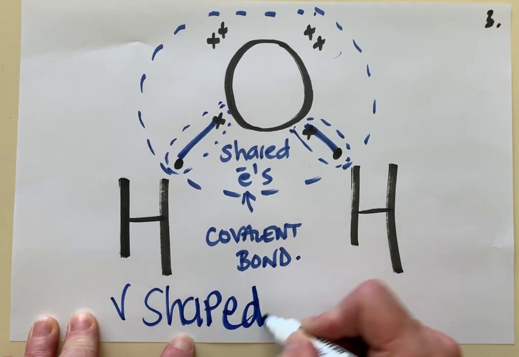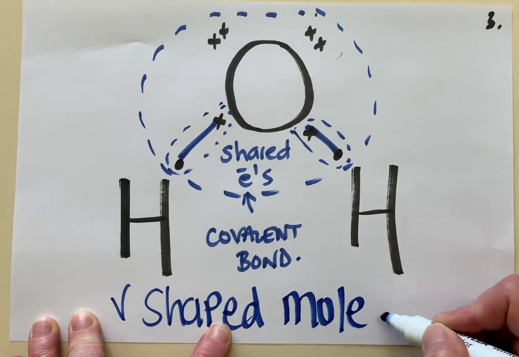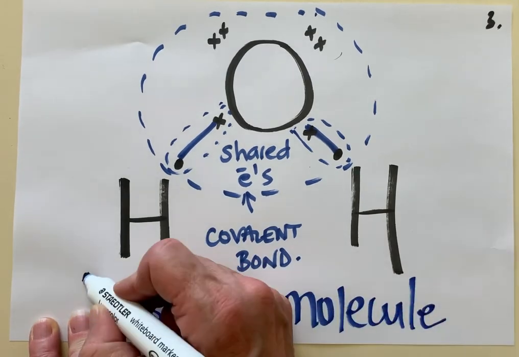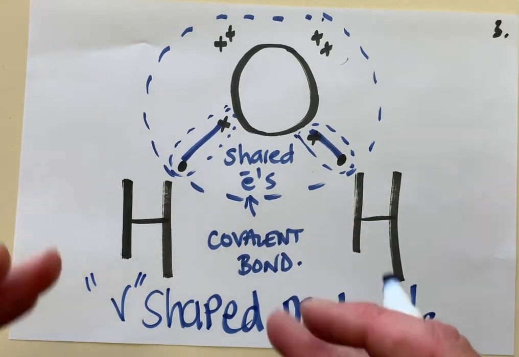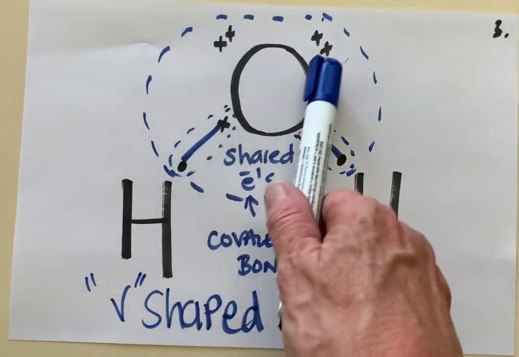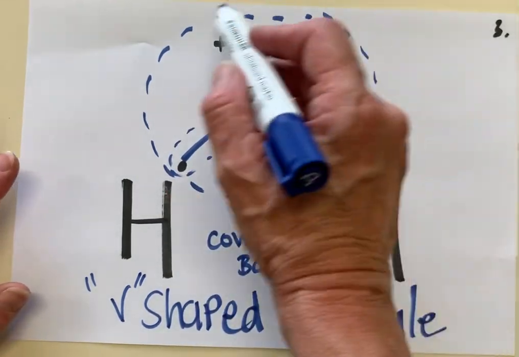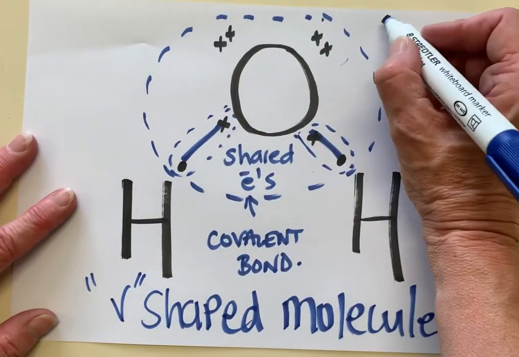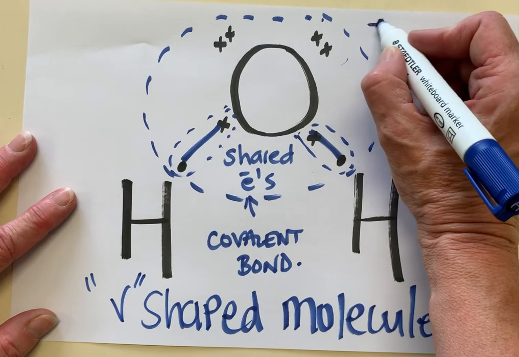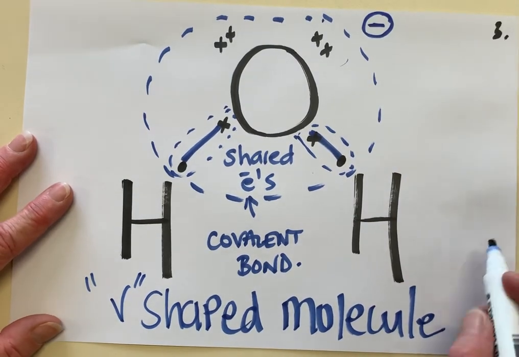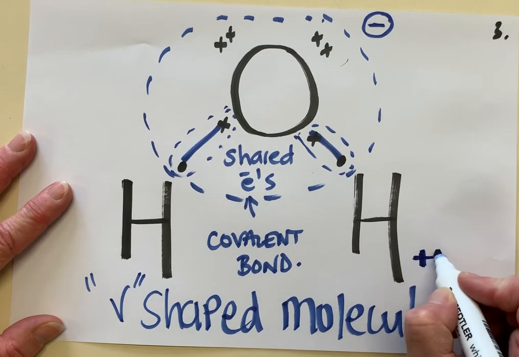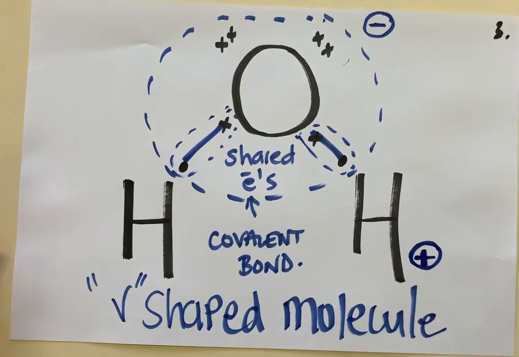Now again, you won't be asked this in the end of your exam. This is background information to help you understand what we're about to go on to. So it's a V-shaped molecule. Now because there's a lot of electrons up here, this end of the molecule becomes very slightly negative. Okay, and so by default, this end of the molecule becomes a little tiny bit positive.